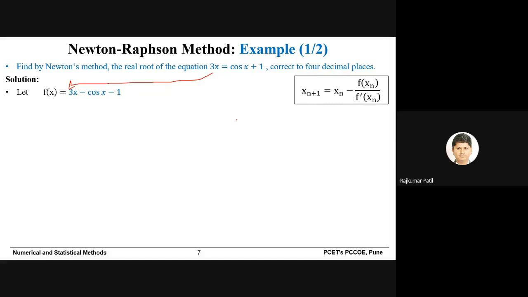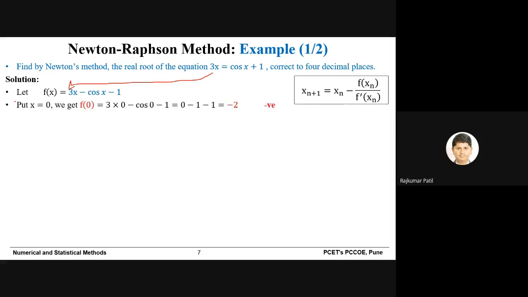Now we know that the Newton-Raphson method requires only one initial approximation, and the condition is that the first approximation value we take should be very close to the actual root. Otherwise there is a chance that the iteration may go away from the answer.